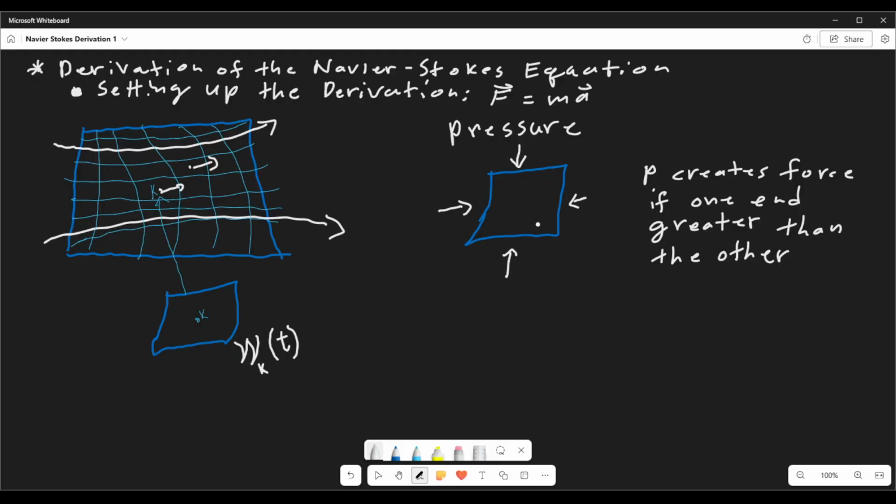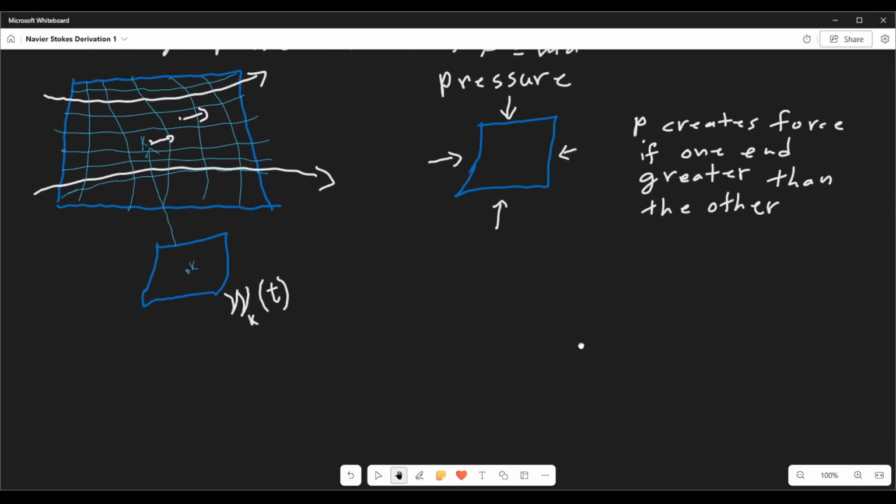So that's one force. The next force, which is specific to the Navier-Stokes equation, is viscosity.